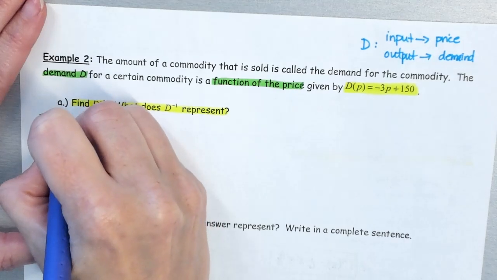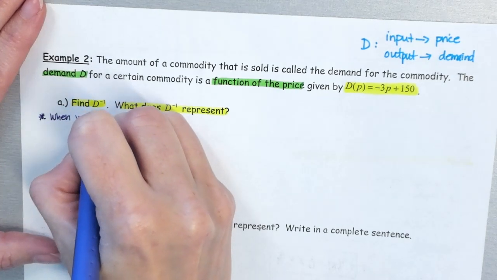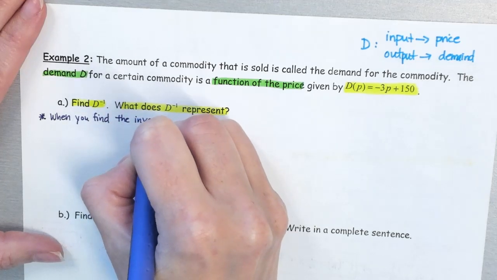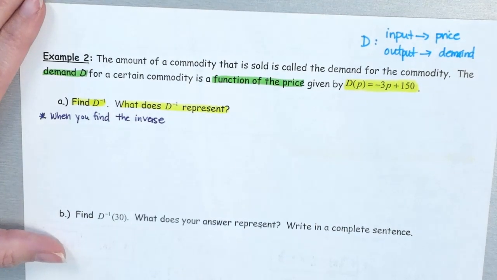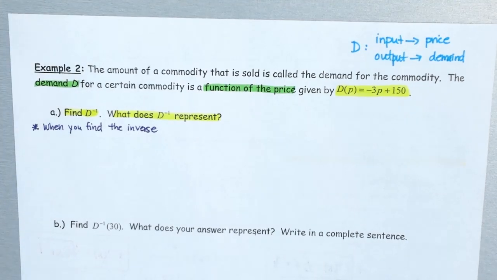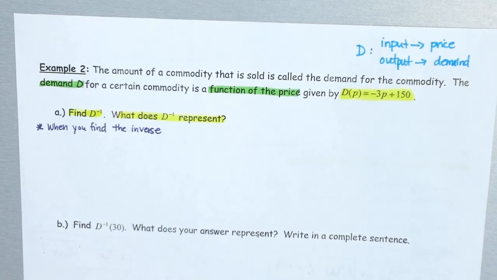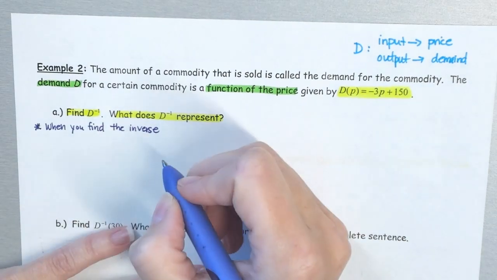So when you find the inverse, and we're writing this down because this is usually something that students forget when it comes time to the test. So I want you to have something, so when you're reviewing for your test, when you're doing your homework, you have this written down.